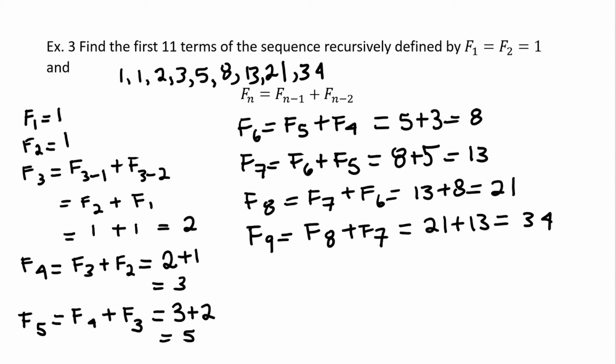And so even if we don't write this out, we can add the two previous terms to get the subsequent one. So 21 plus 34 gives the 10th term, which was 55, and 34 plus 55, which is 89, gives the 11th term.